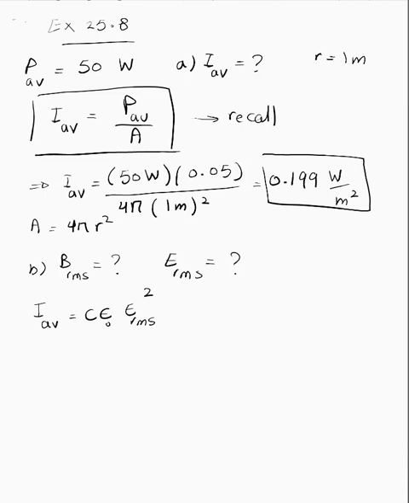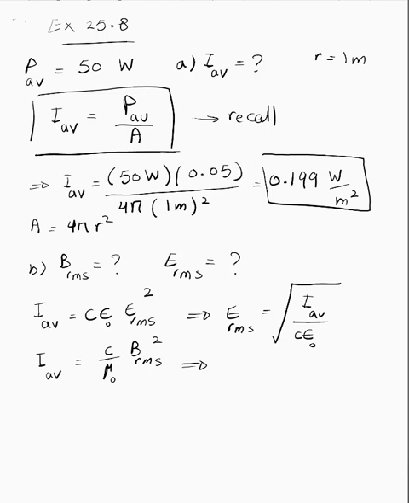So from here, I can solve E RMS to be square root of I average divided by c epsilon naught. And then from the equation that I had for magnetic field, I average equals c divided by mu naught times B RMS squared.